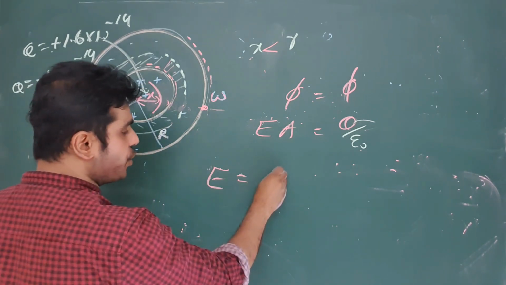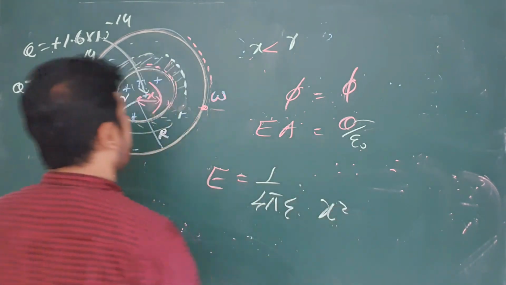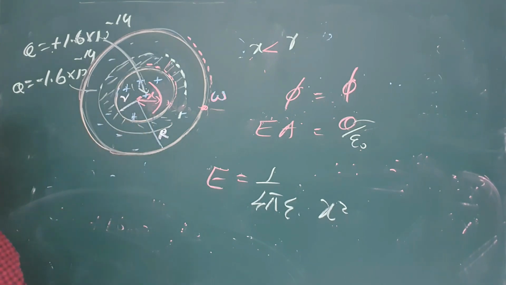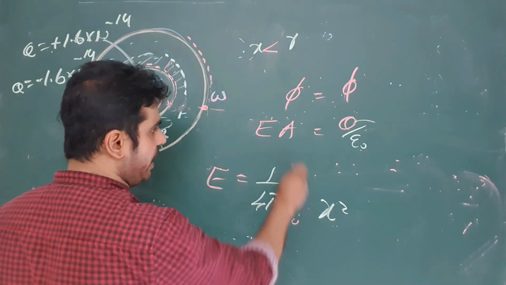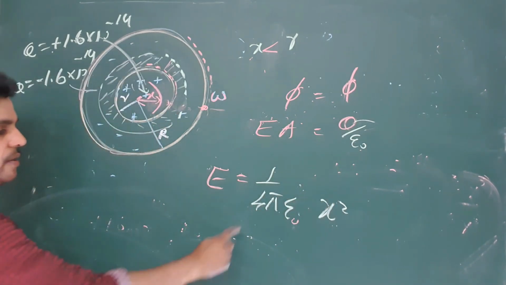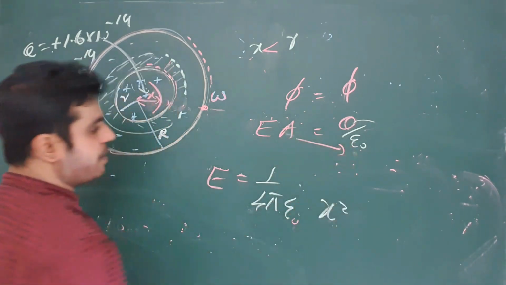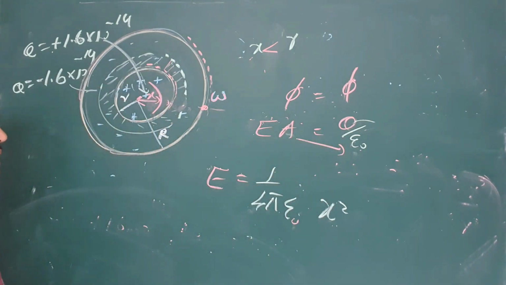So this should be 1 over 4 π epsilon naught x square, because the area of the Gauss surface is 4 π x square. When A comes here, Q should be divided by A. So that's why I wrote 4 π x square here, epsilon naught remains here.